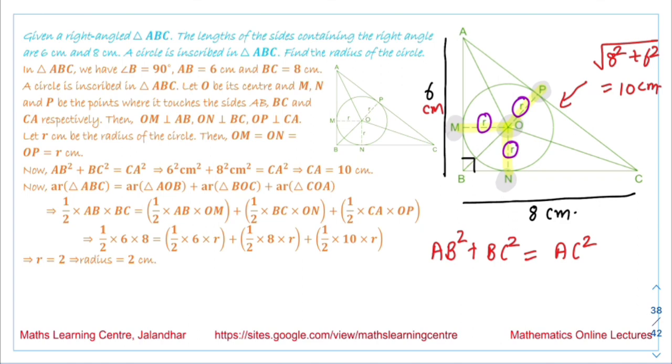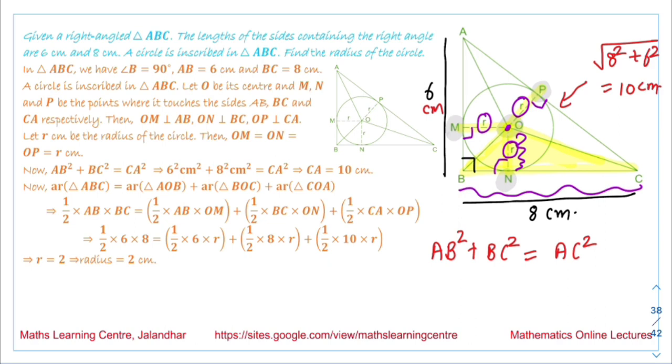Now if we talk about the area of triangle BCO, ON is the perpendicular and BC is the base. Why do we say so? Because O is the center of the circle inscribed in it, so OM is perpendicular over here, OP is perpendicular over here, and ON is perpendicular over here.